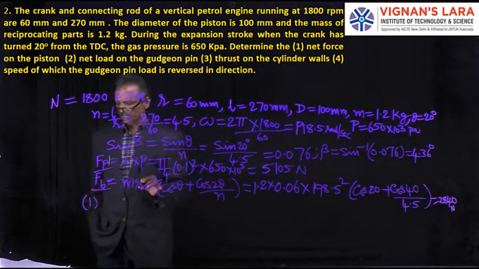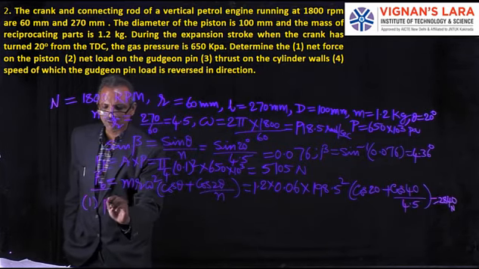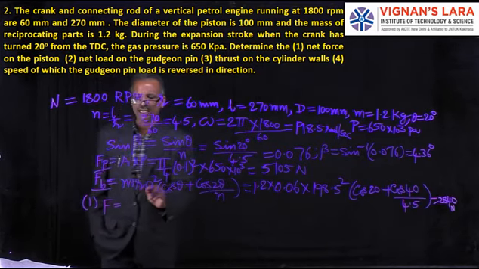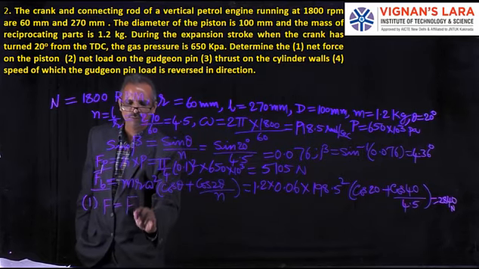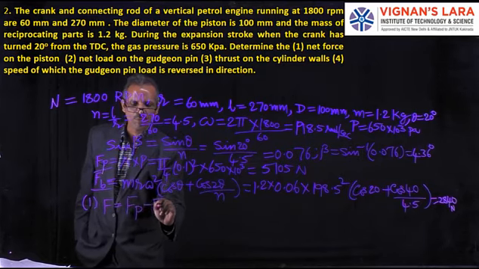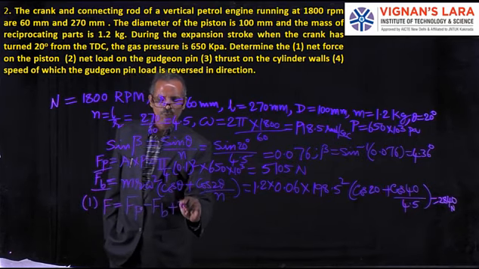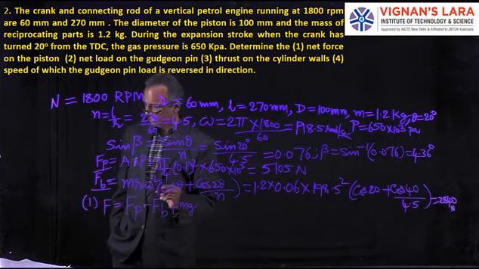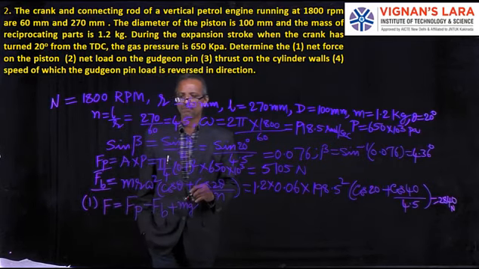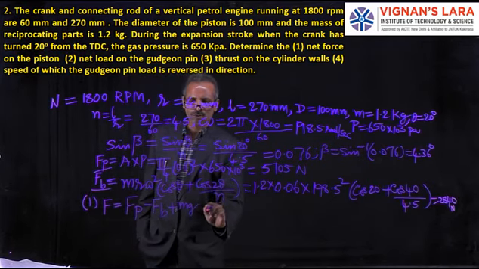So in a vertical engine, the net force is F equal to Fp minus Fb. Then the self weight will be pushing down the piston, that is why mg. So F is Fp minus Fb plus mg.